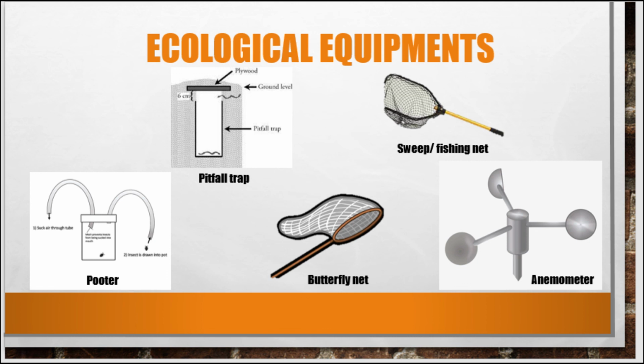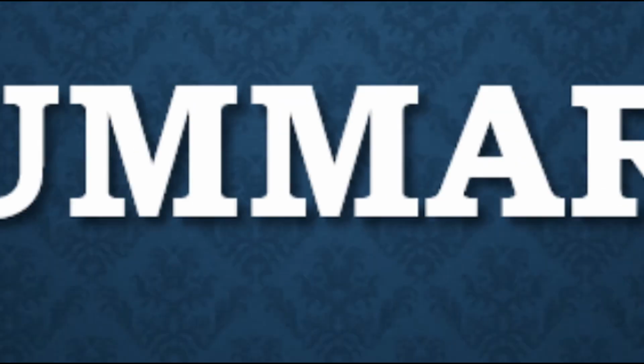Okay, so this brings us to the end of today's lesson. What have we learned so far? At the beginning of the lesson, we learned that ecology is the study of interrelationships between living organisms and the environment in which they live. We looked at the terminologies, the types of habitats, the aquatic and the terrestrial.